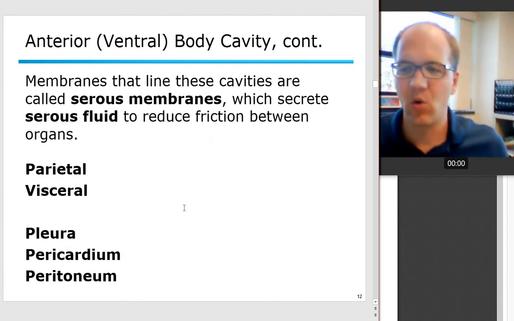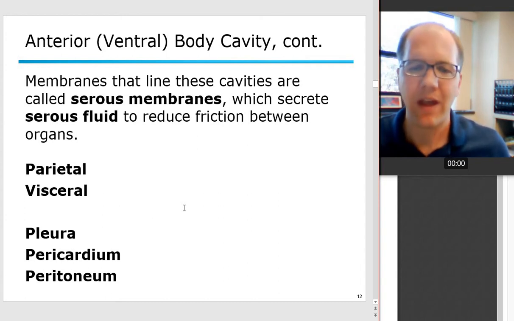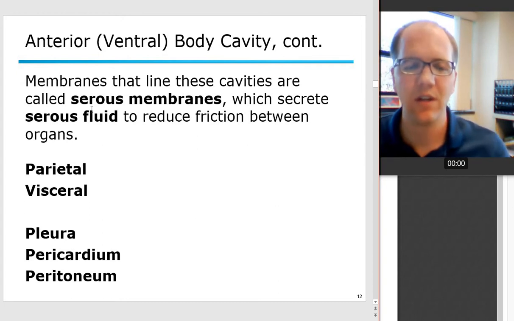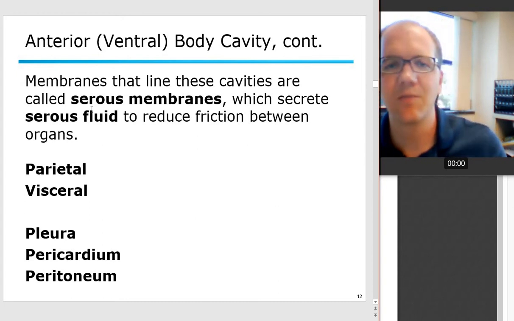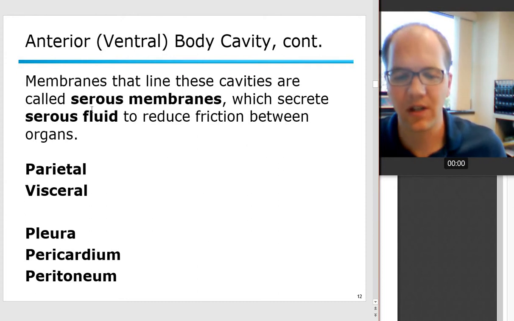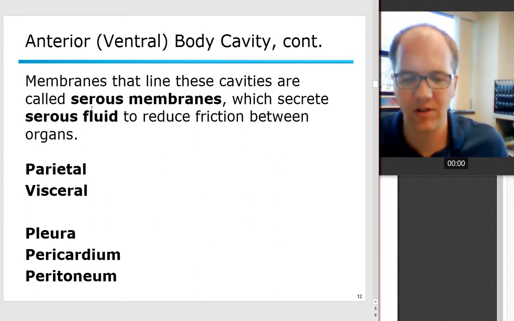Now, our organs in the thoracic cavity and the abdominal cavity are surrounded by what are called serous membranes. And these secrete serous fluid. And this is basically just so that our organs, as they're moving, so for example, our heart is pumping all day long, it's creating friction. Or would be creating friction if we didn't have these serous membranes.